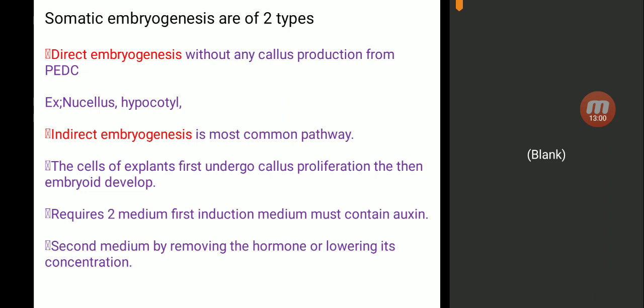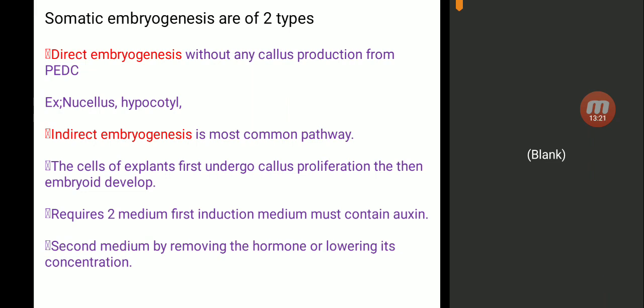In direct embryogenesis, the cells are predetermined to become embryos, particularly the nucellus and the hypocotyl, which are already predetermined for embryogenesis and can be induced to become embryos.